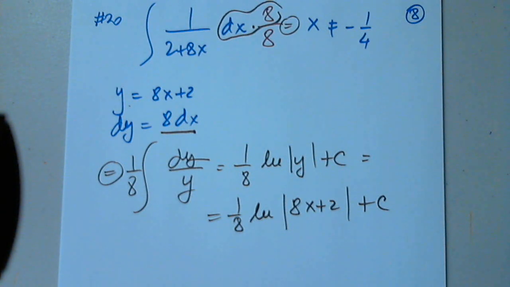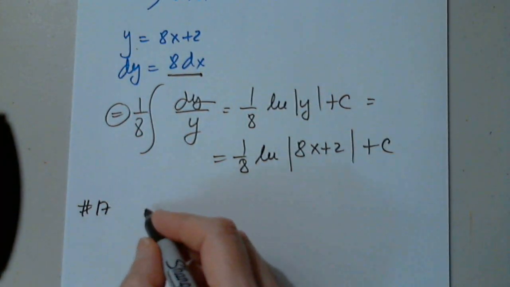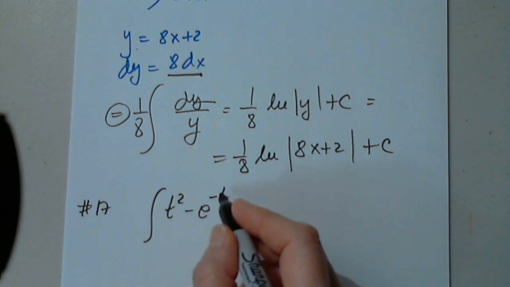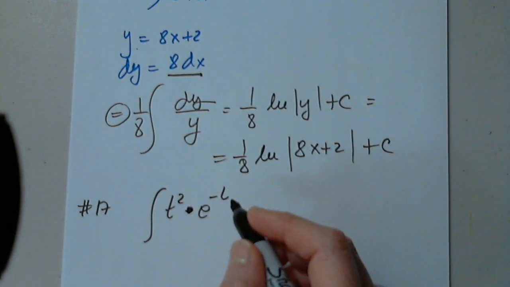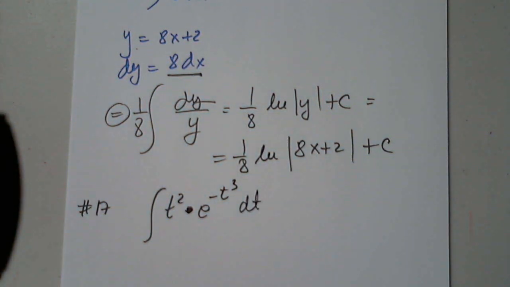So let's look at one with exponentials. Like 17, for example. Let's look at 17. So we have the integral of t squared times e to the negative t cubed dt.